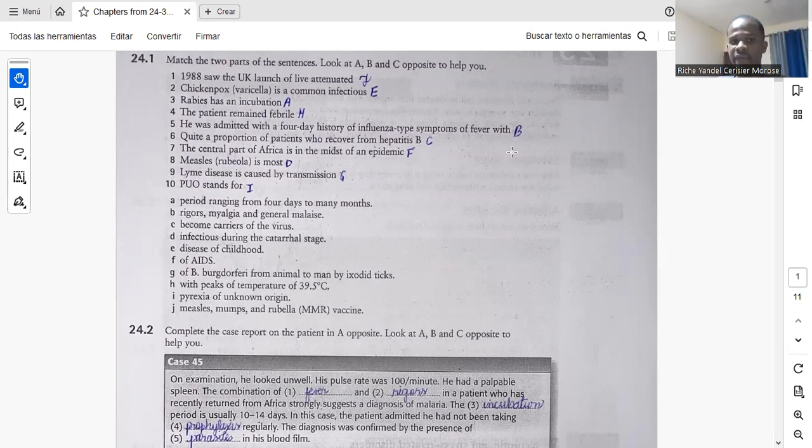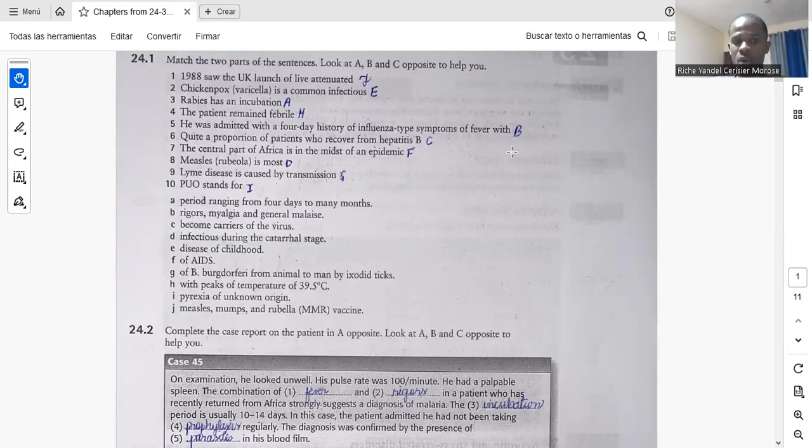Fourth, patient remained febrile, letter H, with peaks of temperature of 39.3 Celsius. He was admitted with a 4-day history of influenza-type symptoms of fever with rigors, letter B, malaria, and general malaise. Six, quite a proportion of patients who recover from hepatitis B, letter C, about becoming carriers of the virus.